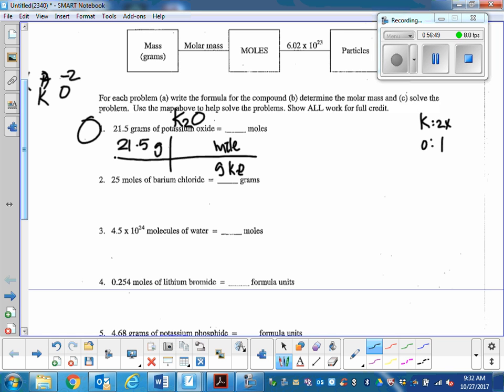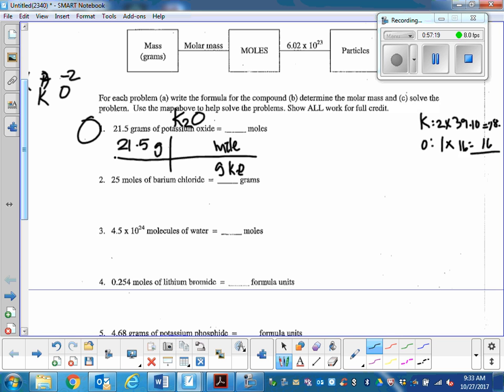So on the side, I'm going to say there is 2K and 1 oxygen. The mass of K is 39.10 off of the periodic table, correct? The mass of oxygen is 16. What do these add up to? Guys, I don't even have space to do the problem. Can you work it out and tell me what the answer is?